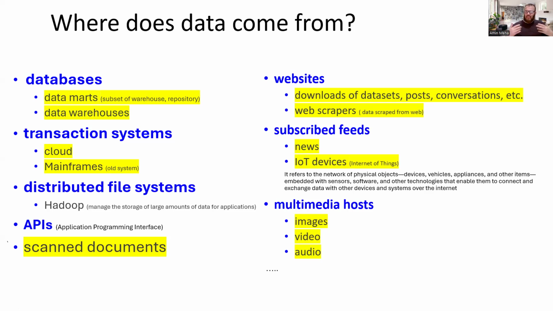The IoT is data too, and IoT are physical objects, devices such as vehicles, appliances, and other items embedded with sensors, software, and other technology that enable them to connect and exchange data with other devices and systems over the internet. Okay, we have also other data such as images, part of the multimedia host. We have videos, we have audio, and we have a lot of data and so on.